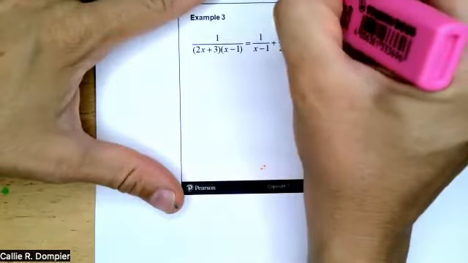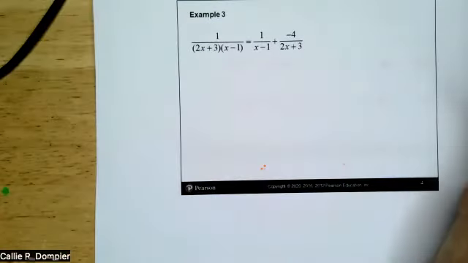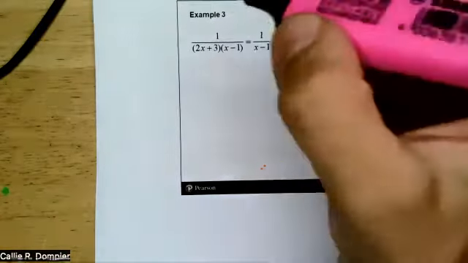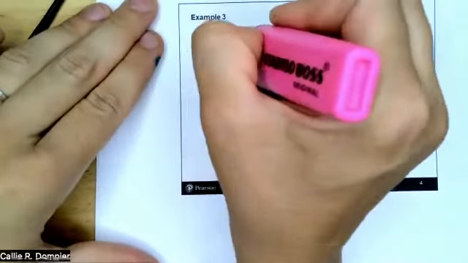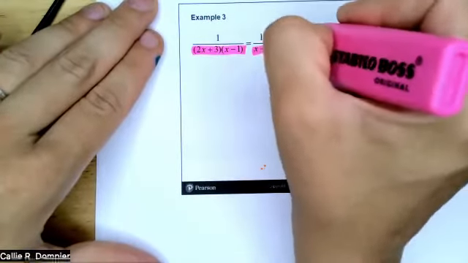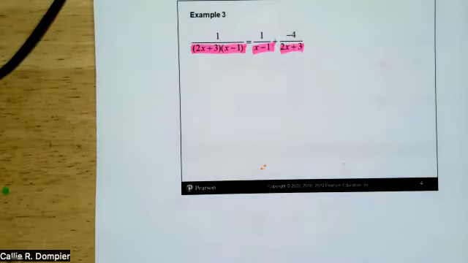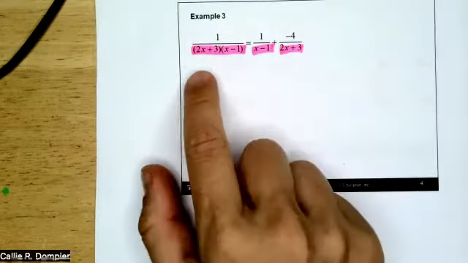We still need a least common denominator. So in the past, it was 6, it was 4, and it was 8. Here, our denominators are this, and this. What are some multiples of all of these? What's one multiple that will cover all of this?